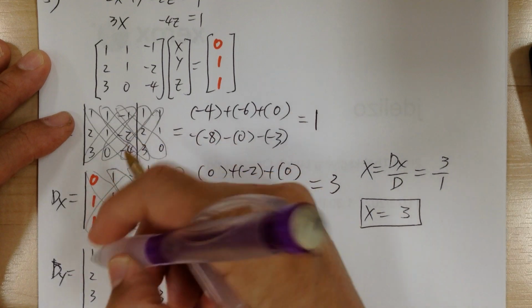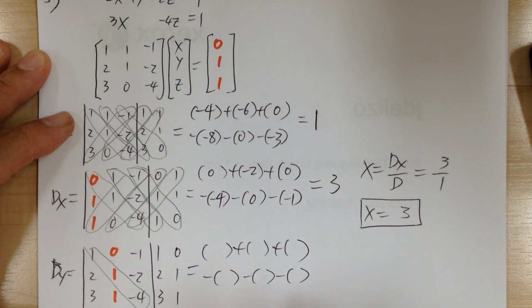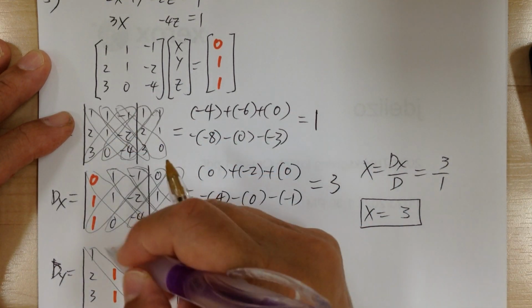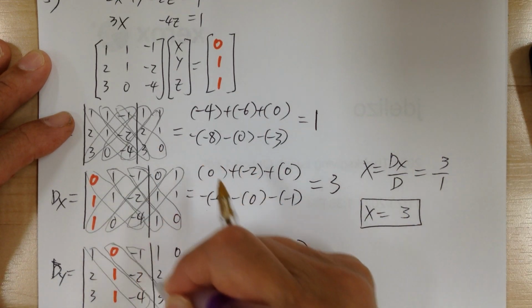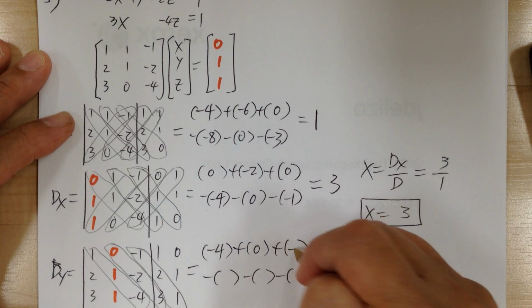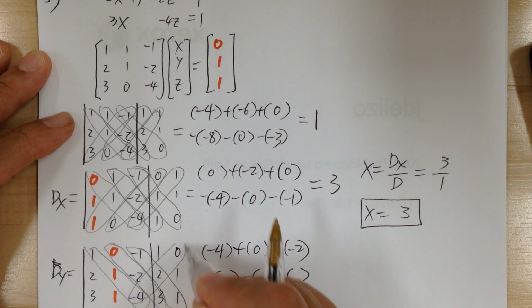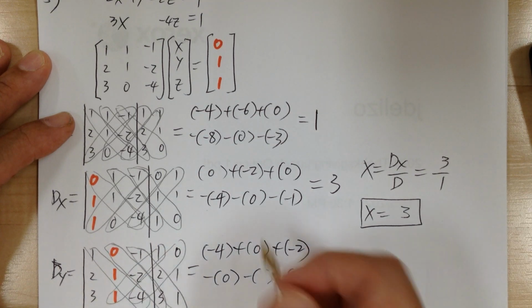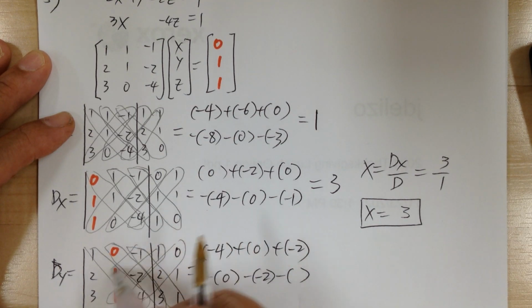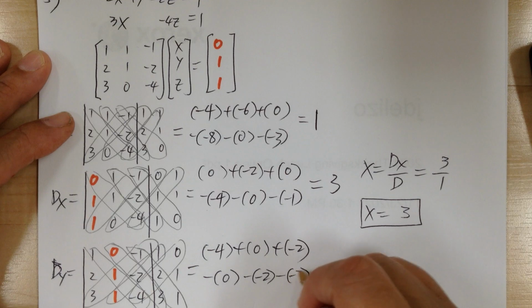Okay, do the diagonals. Should be -4. Next diagonal is 0. Next diagonal is -2. This diagonal equals 0. This diagonal is equal to -2. This diagonal is equal to -3.